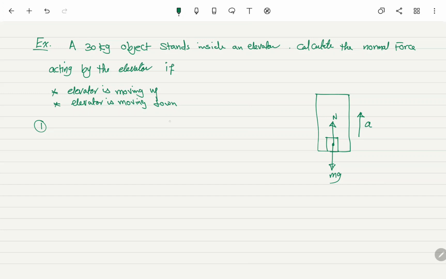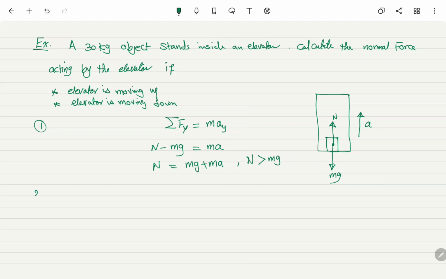Sum of all forces on y equal to m a y, with the force in the direction of the acceleration first, which means normal minus mg equal to ma. So the normal force equal to mg plus ma, which means the normal force is greater than the actual weight.